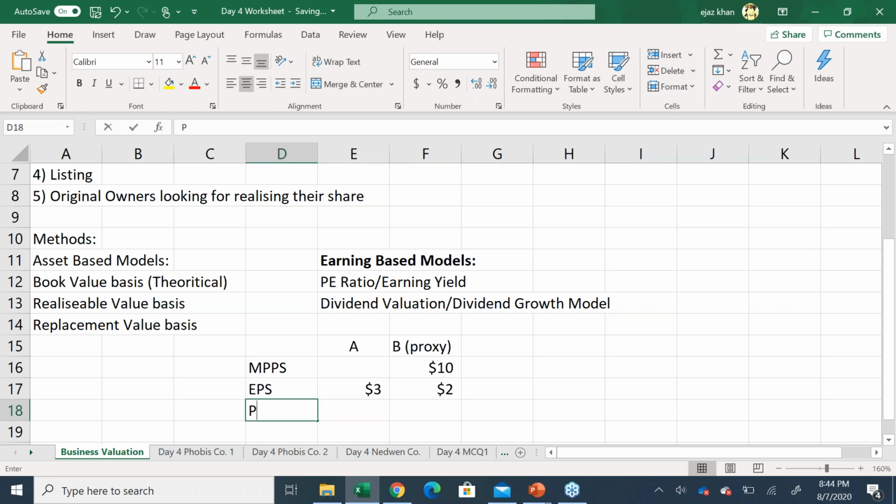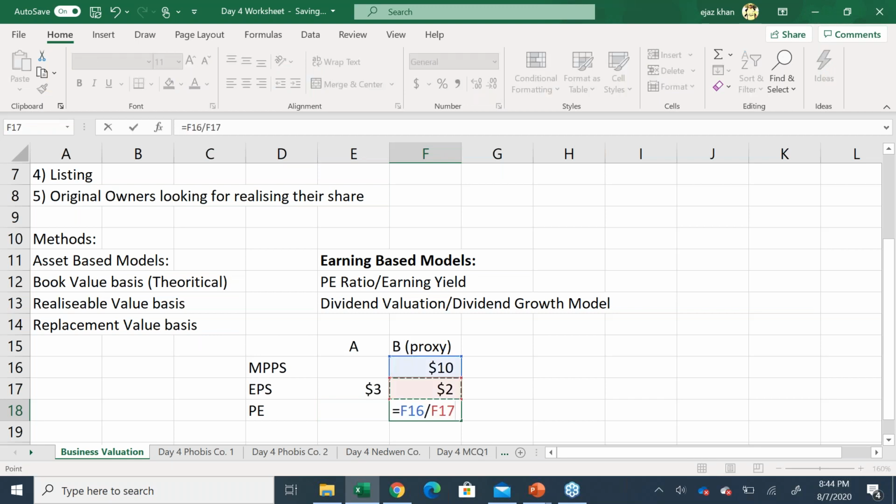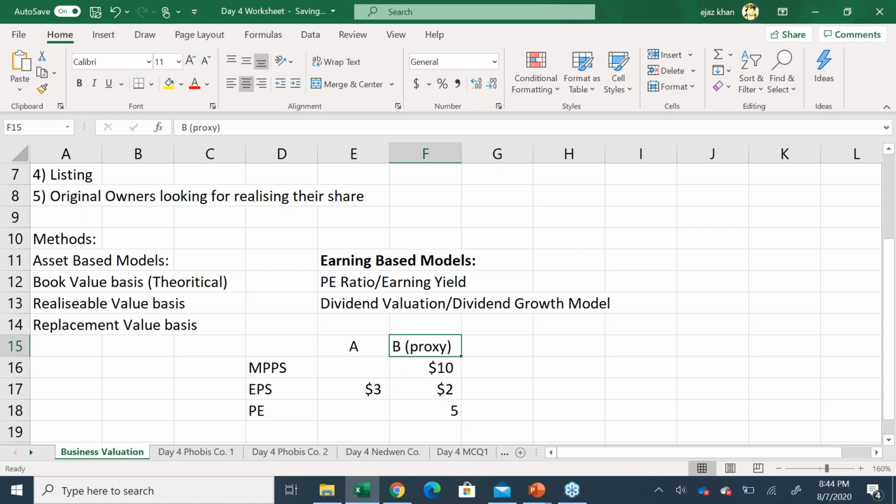So a PE ratio, we don't have a PE ratio for this company because we don't have a price for this. So the PE ratio of this company will be price divided by earning. So 10 divided by 2, it is 5, which means that the investors of B company are willing to pay a price which is 5 times the earning of the company.